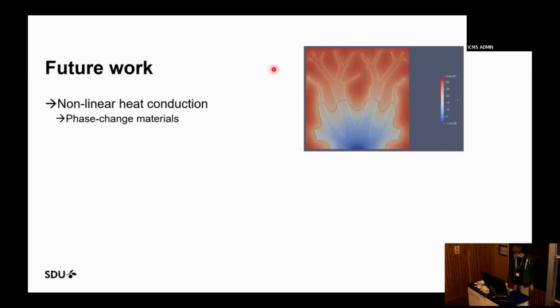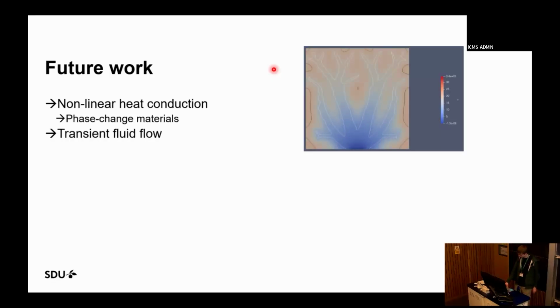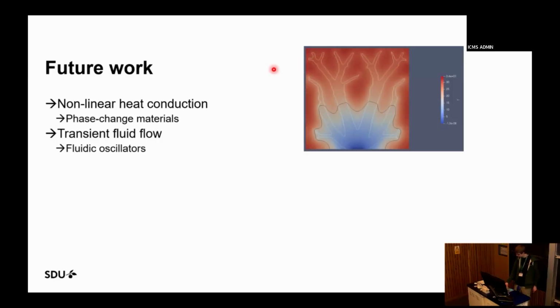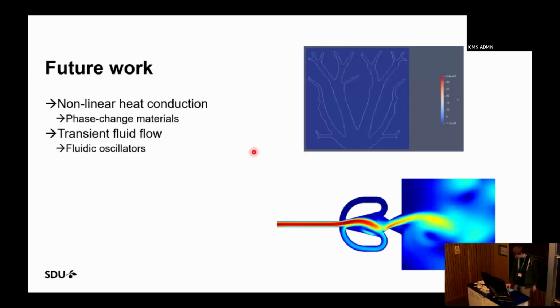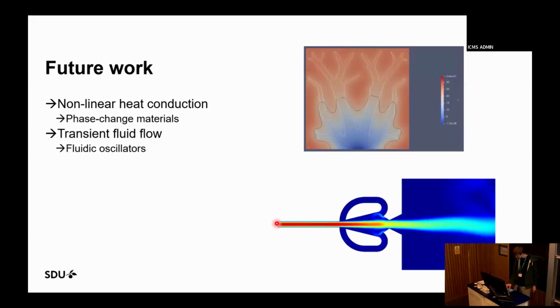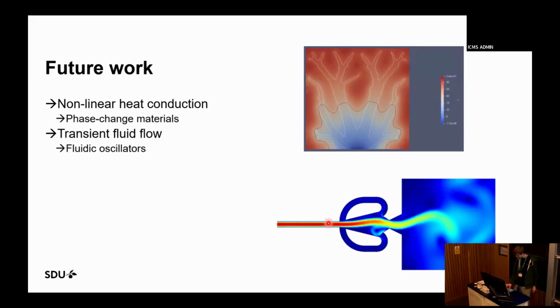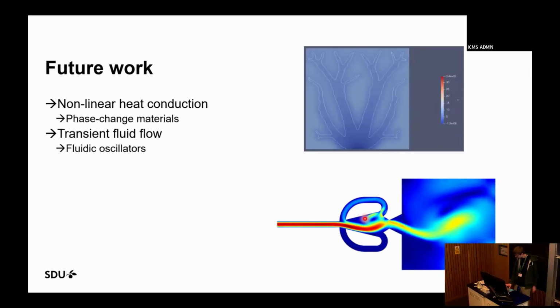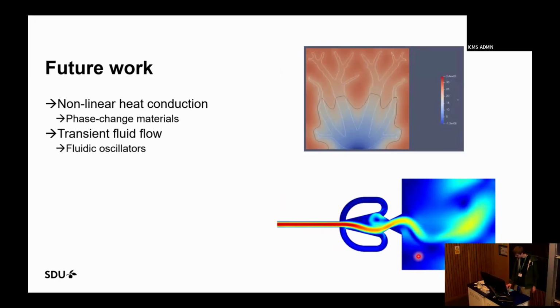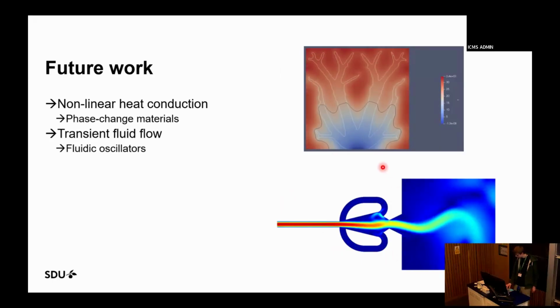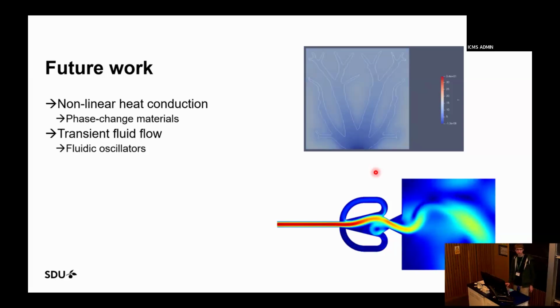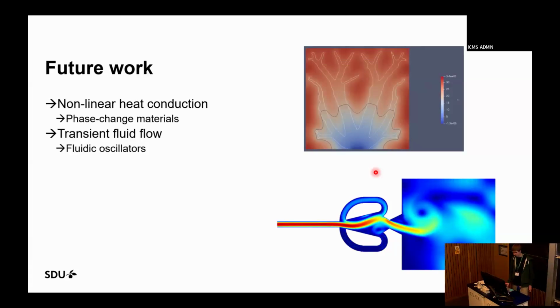We also want to look at transient fluid flow. So in particular, my supervisor has been struggling for a long time to do topology optimization of these devices called fluidic oscillators, where you have an inlet where you pump in a fluid, and then it goes through this chamber, and then out of the output you get this oscillating jet, despite the fact that the device itself does not have any internal moving parts.